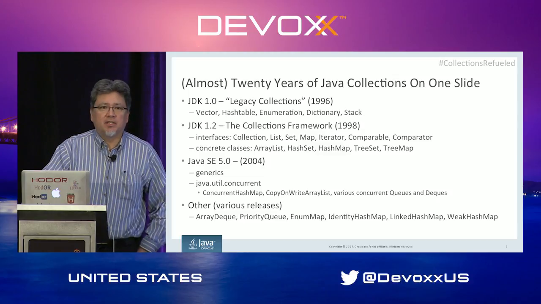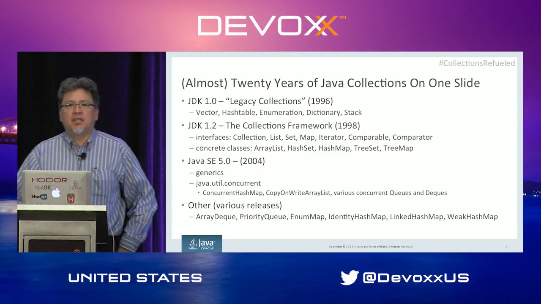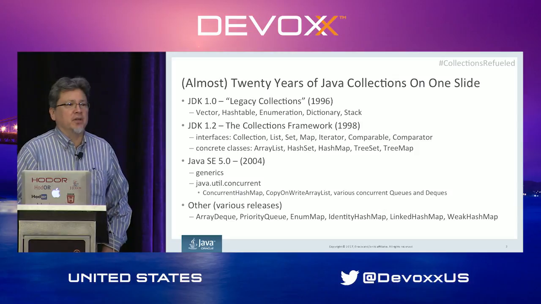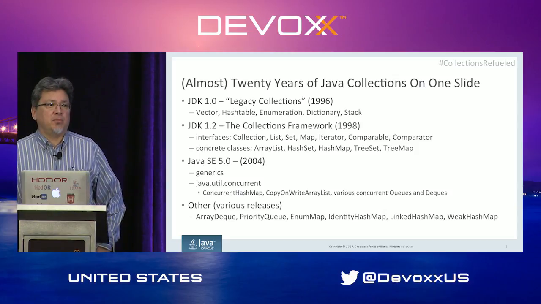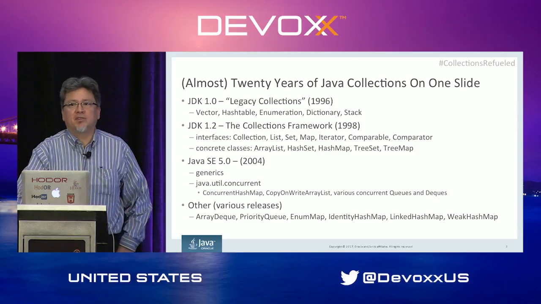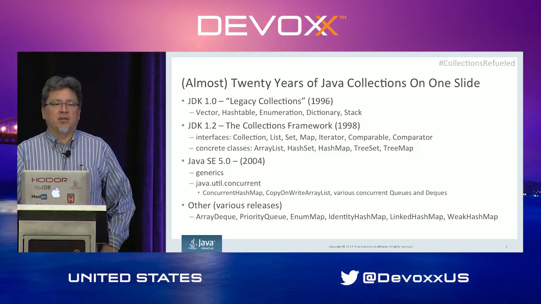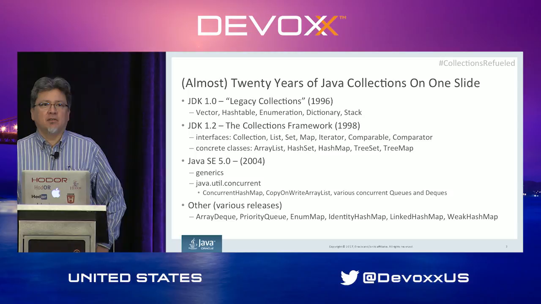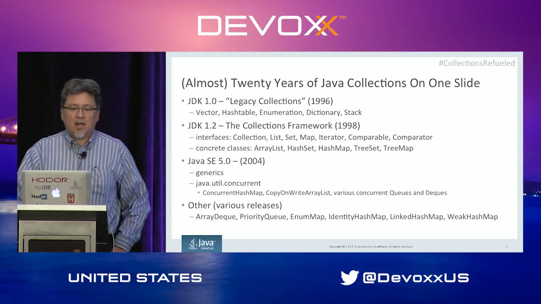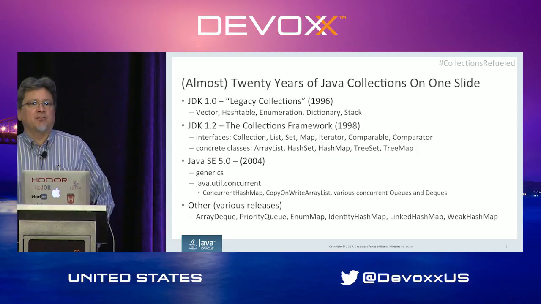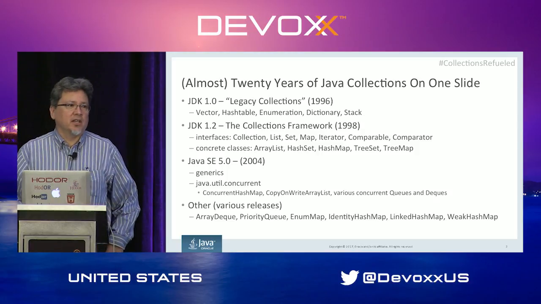So moving on quickly, in Java 5 in 2004, generics were added to the language, and that had a huge impact on the collections APIs. By now, I hope everybody is converted over to using genericized collections instead of the original raw collections. The other big addition in Java 5 was the concurrent collections.